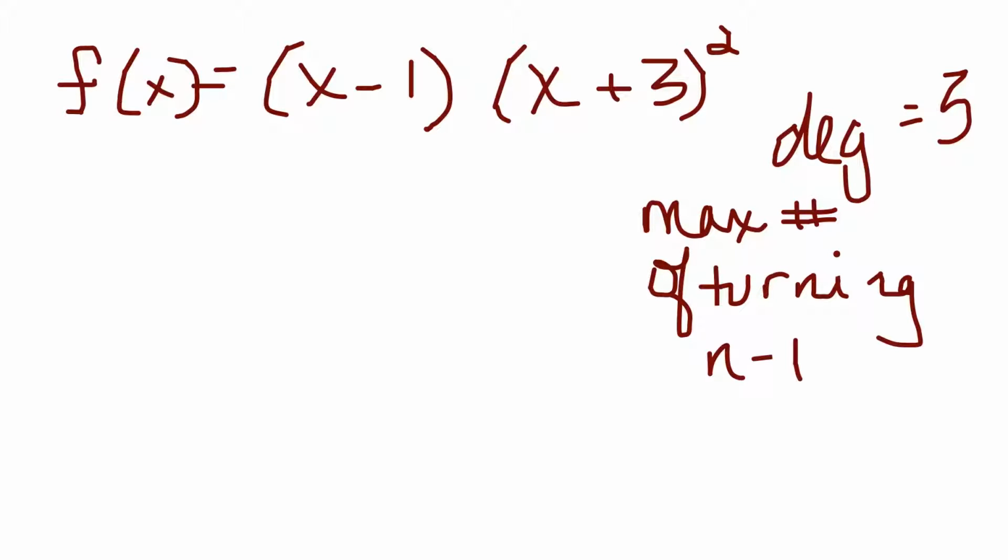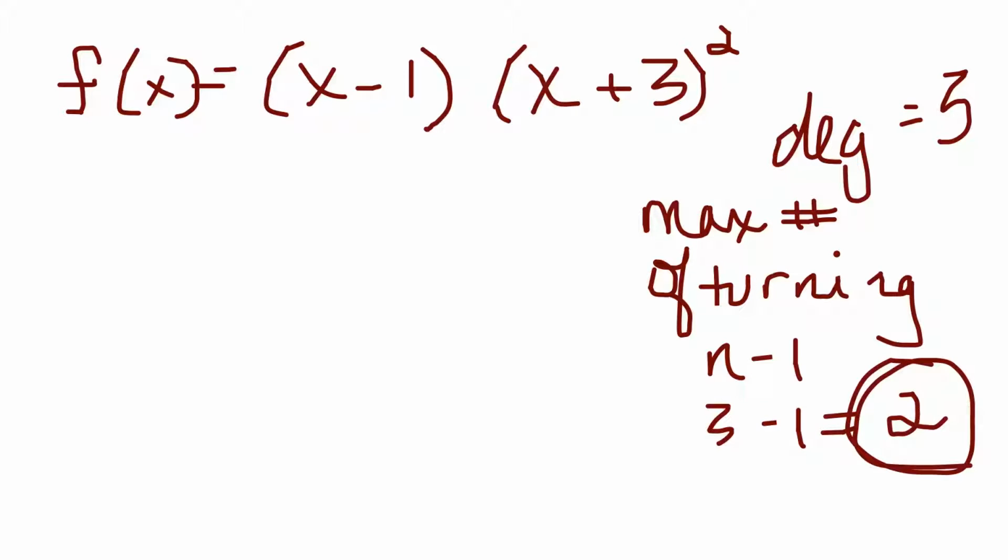So if our degree is 3, it's 3 minus 1, which is 2. So 2 is going to be the maximum number of turning points. What do I mean by turning points? I mean that going from increasing to decreasing to increasing, that sort of turn, there can be only a maximum of 2 turning points. So that is some other key information we know.